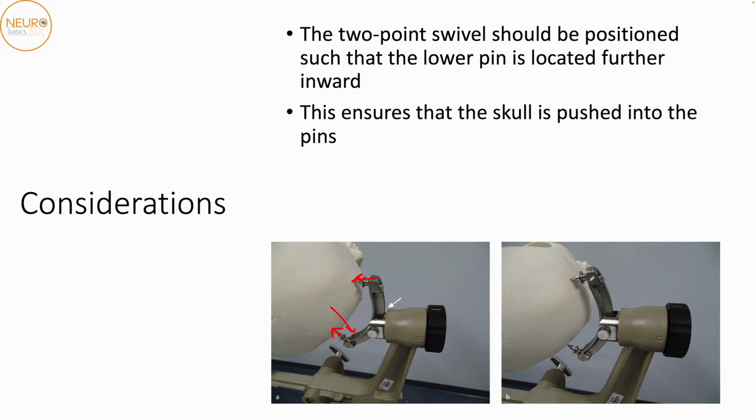On the other hand, if the upper pin is here and the lower pin is here, where the upper pin ends up being more inside and the lower pin ends up being more outside, then when you apply pressure, the pins will tend to slip. So you want the pin which is lower down to be more towards the inside, and the pin which is higher up to be more towards the outside.